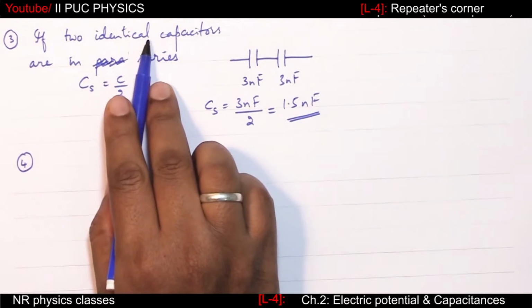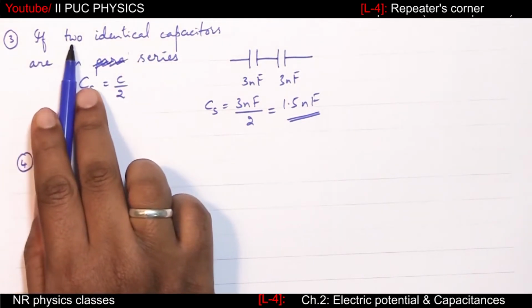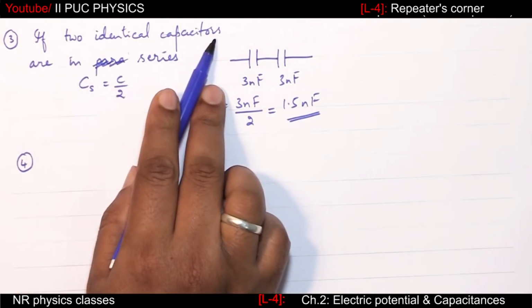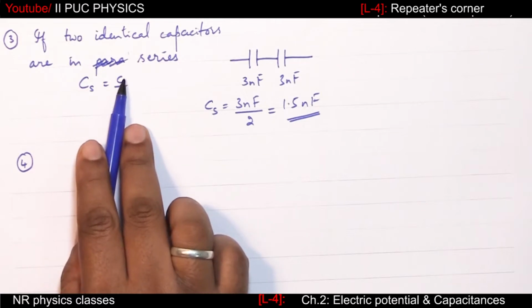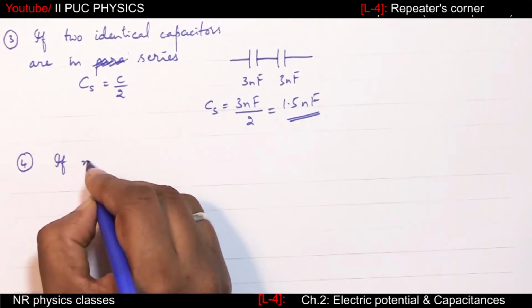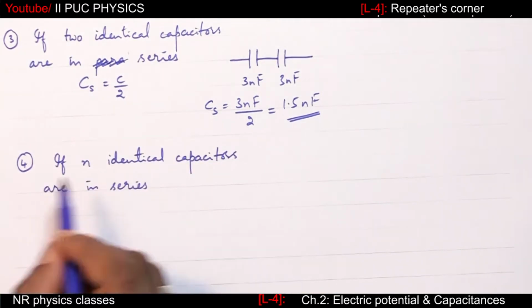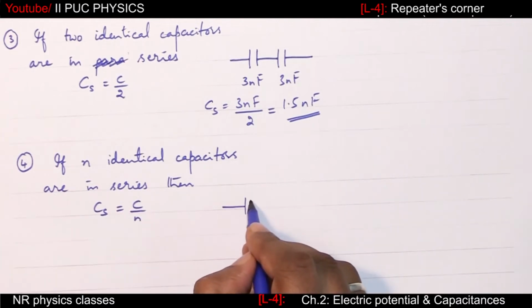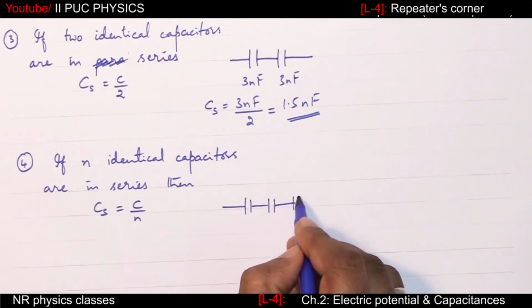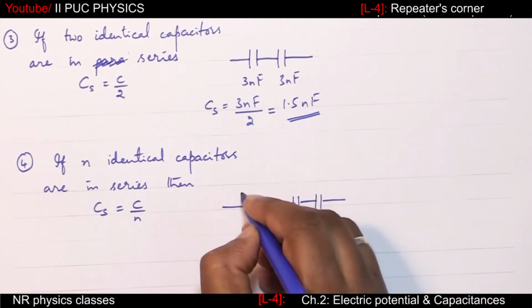Extending this argument, we can write, for n identical capacitors, series equivalent is C by n. First capacitor, second, third, fourth, each is 2 nanofarad.